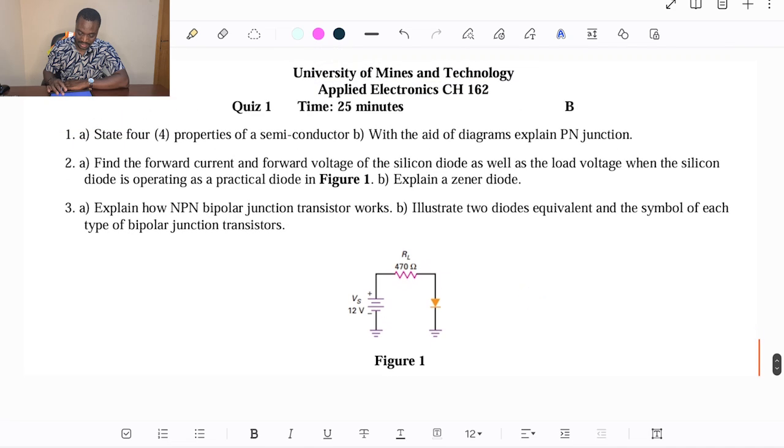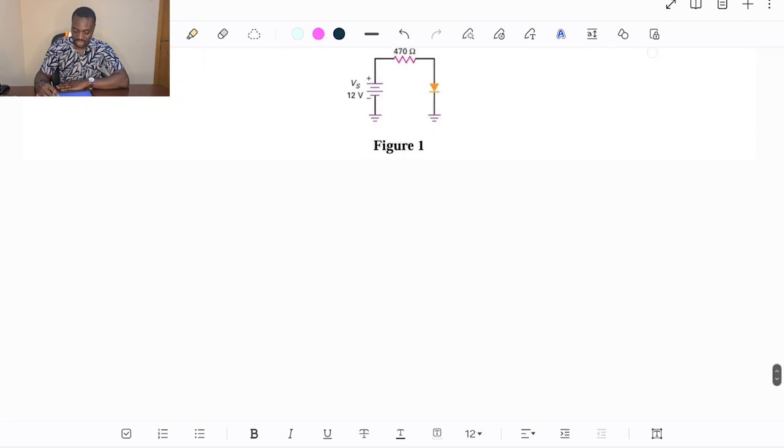Now, let's go to the next question. 1B. With the aid of diagrams, explain the p-n junction. A p-n junction is formed by doping one part of a semiconductor with p-type impurities, and the other part with n-type impurities.